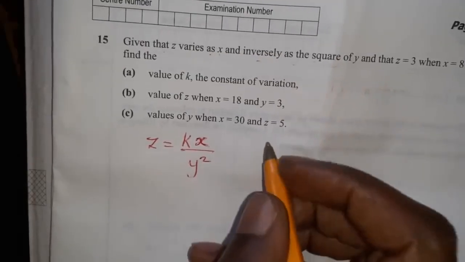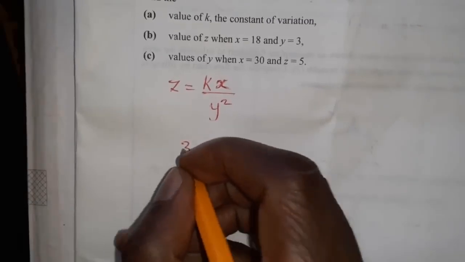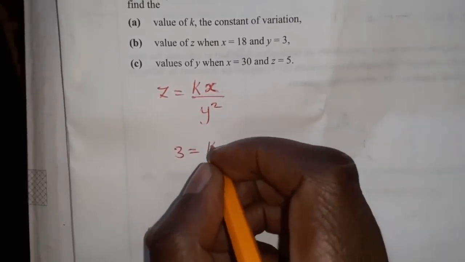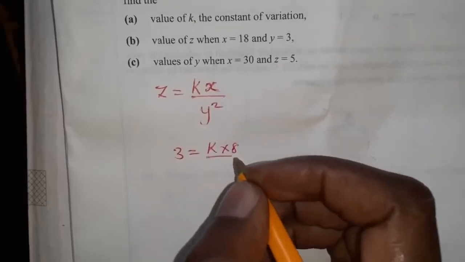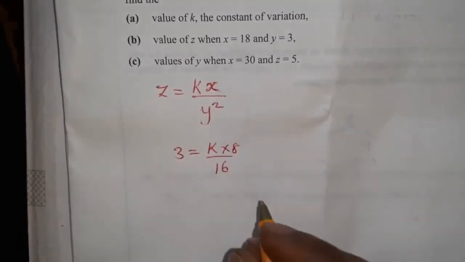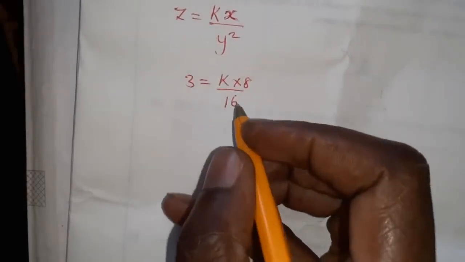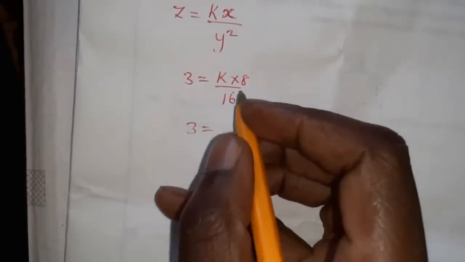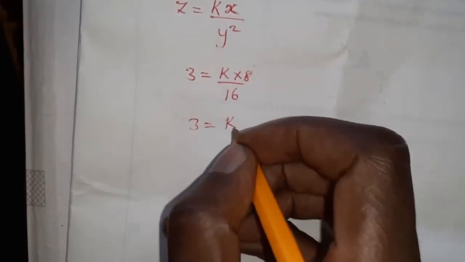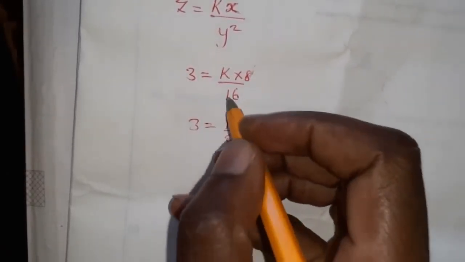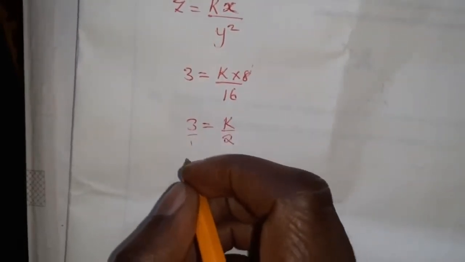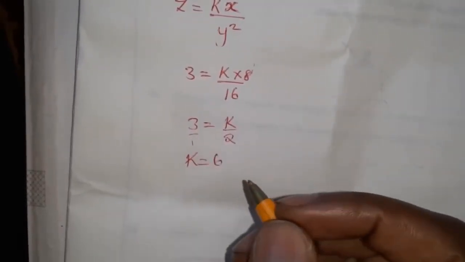And Z is equal to 3 when X is equal to 8 and Y is equal to 4, so this is 16 when you square 4. So 3 is equal to k over 2 times 8, and you cross multiply, k is equal to 6.